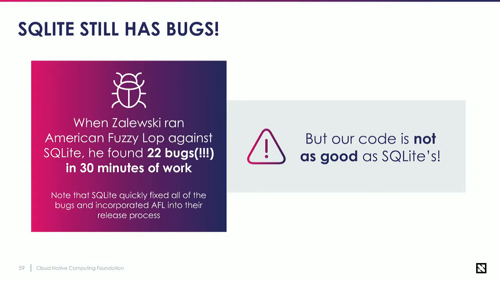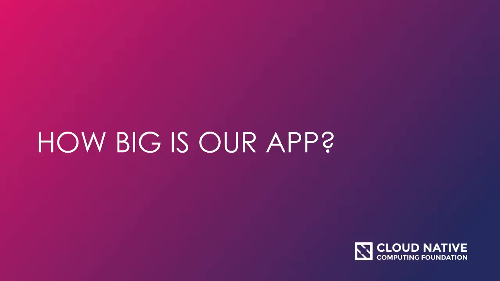Now, I want to point out that SQLite quickly fixed all of those and actually even incorporated AFL into their release process to avoid any recurrence in the future. But again, our code is not as good as SQLite's, and the problem is bigger than that.